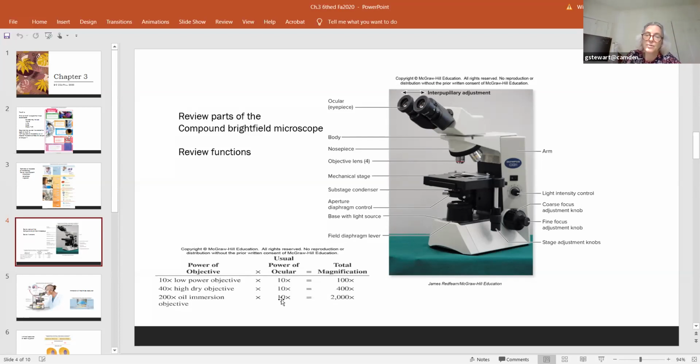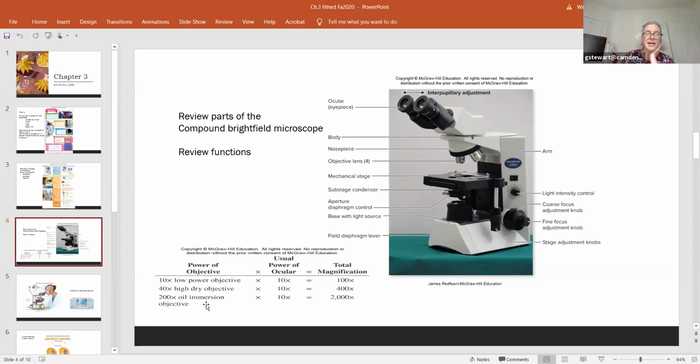Notice that the 10x is filled in for all of these. If I'm on the 10x objective, the total magnification is the power of that objective lens times the power of the ocular lens to give me a total magnification of 100x. What you will see is always in books and what we will expect in lab is that you report the total magnification only.